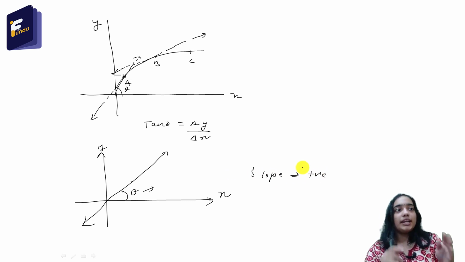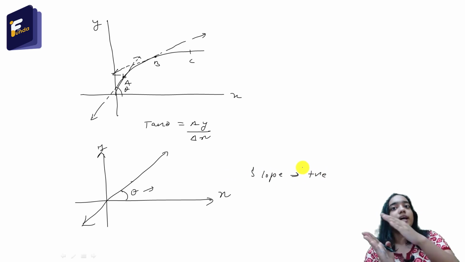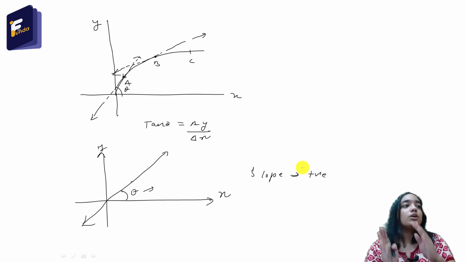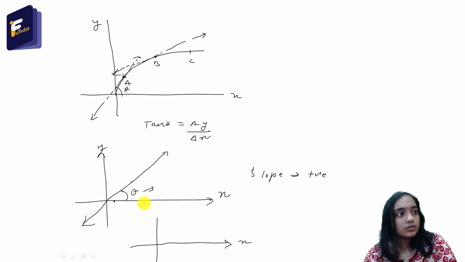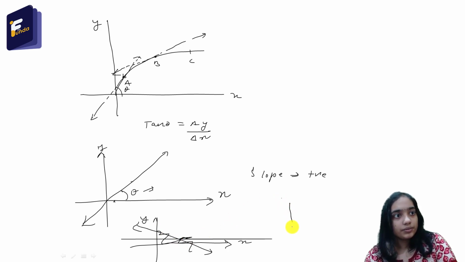Okay, so if the line makes an acute angle with the x-axis, then the slope is positive. Similarly, if this is the x-axis and this is the y-axis, and I'm drawing a line like this, let me draw it again.